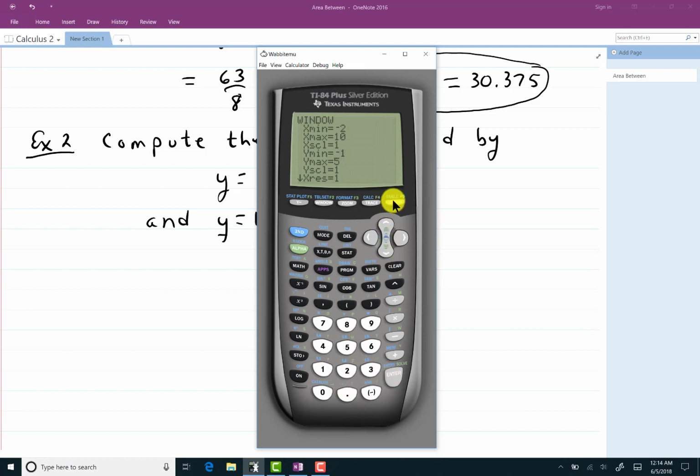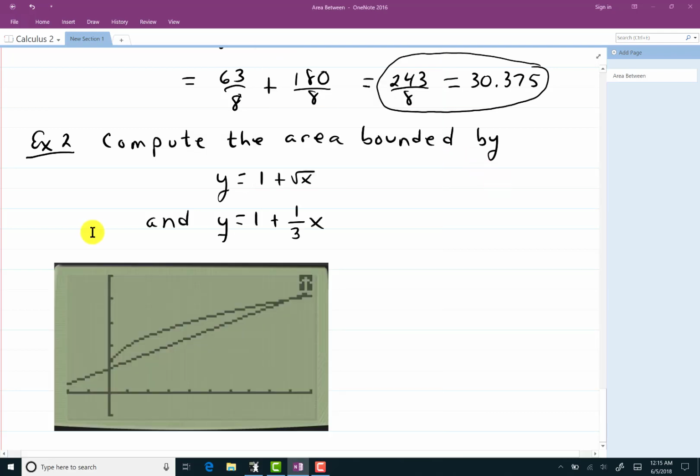Let me regraph this. So there's the square root one, and there's the other one. Interesting, they don't intersect here, and the square root one stops at 0, doesn't it? Of course it does. They would intersect if there was a spot there. But let me go ahead and grab this picture and throw it into the notes and work on this thing.